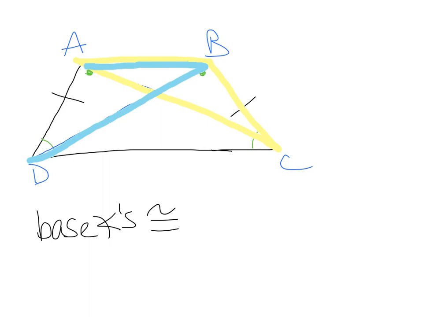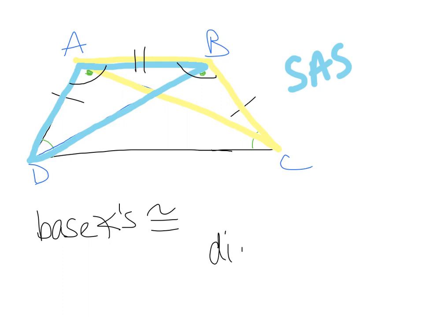See those overlapping triangles? Those two triangles in this isosceles trapezoid are congruent by side, angle, side, right? Because they have the given side that's congruent, and then they also have the reflexive property, AB is congruent to AB, and then this angle and this angle, right? So what that tells us is that diagonals are congruent.